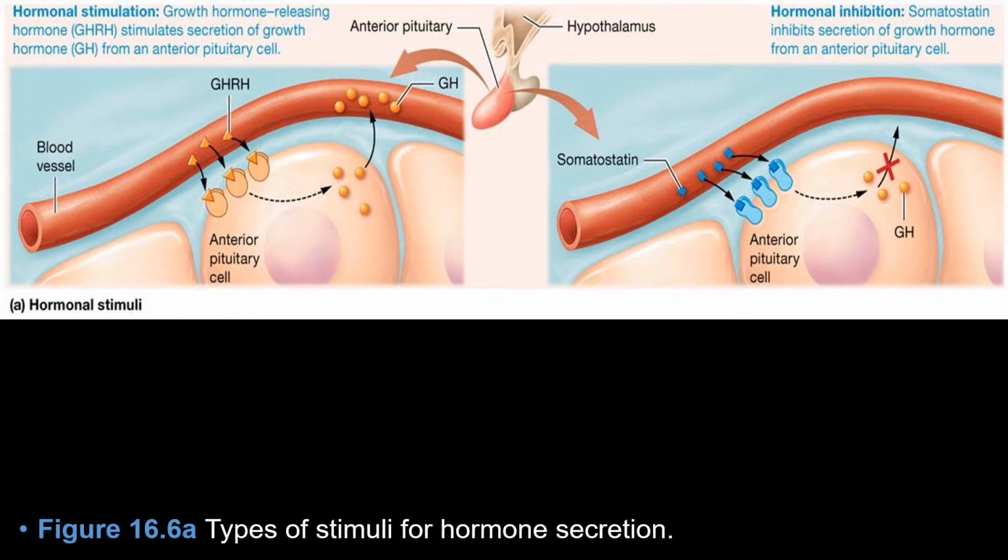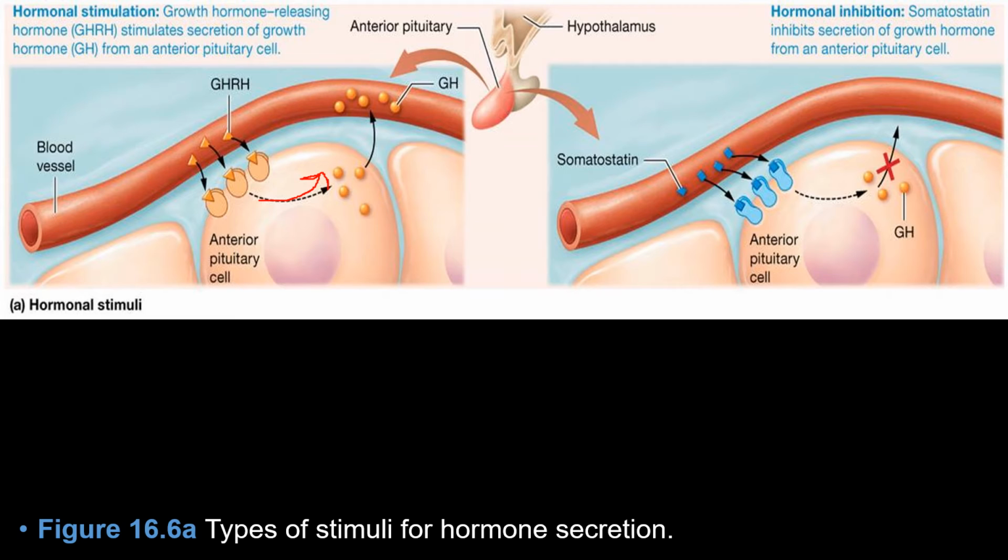And so here we see that hormonal stimulus from growth hormone releasing hormone. This is GHRH, growth hormone releasing hormone, stimulating the secretion of growth hormone from that anterior pituitary gland. So you see that the anterior pituitary receives growth hormone releasing hormone, and then it will release growth hormone into the blood.